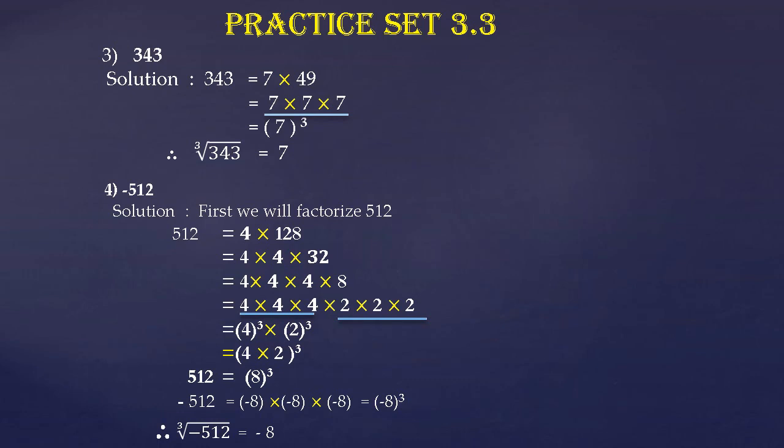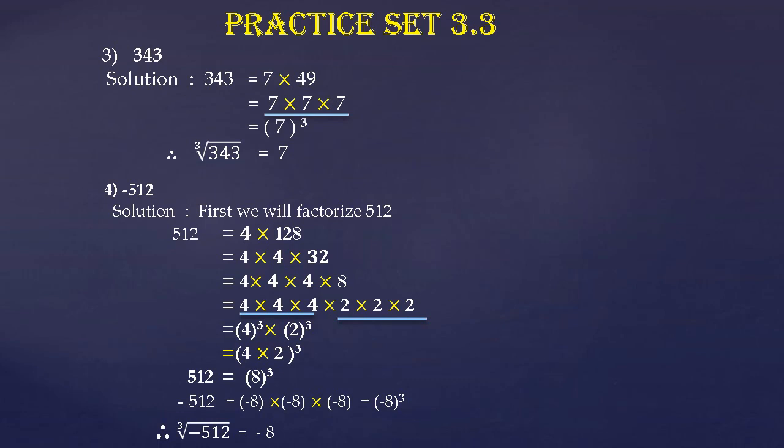Now, 8 can be further divided into 2 into 2 into 2. Therefore, 512 is equal to 4 cube into 2 cube. That is equal to 4 into 2 the whole cube. Therefore, 512 is equal to 8 cube.